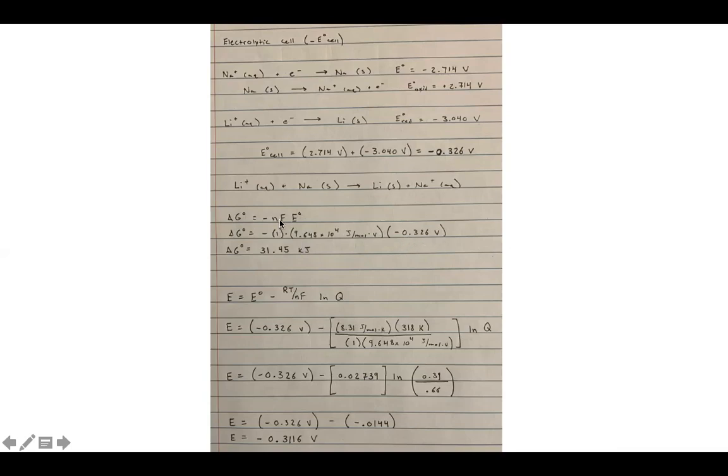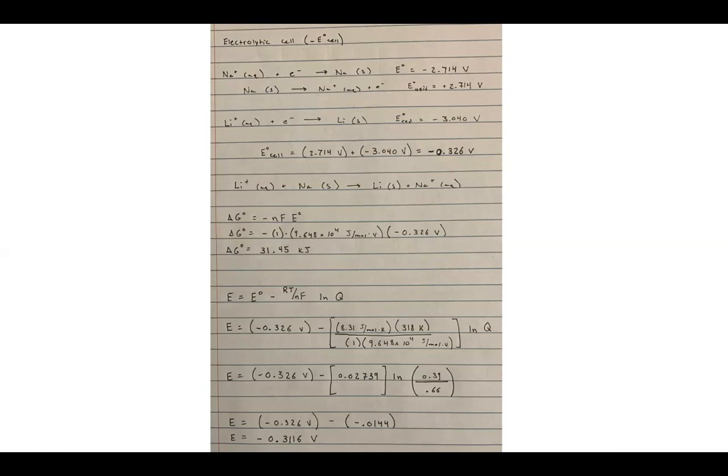And N here, as you'll notice, in both half reactions I transferred 1 electron. So I have the same number of electrons transferred in each half reaction, so they'll cancel out, and their coefficient is 1. So N is 1 here. When I plug this in, delta G naught would be about 31.45 kilojoules. That's the first part of the question.